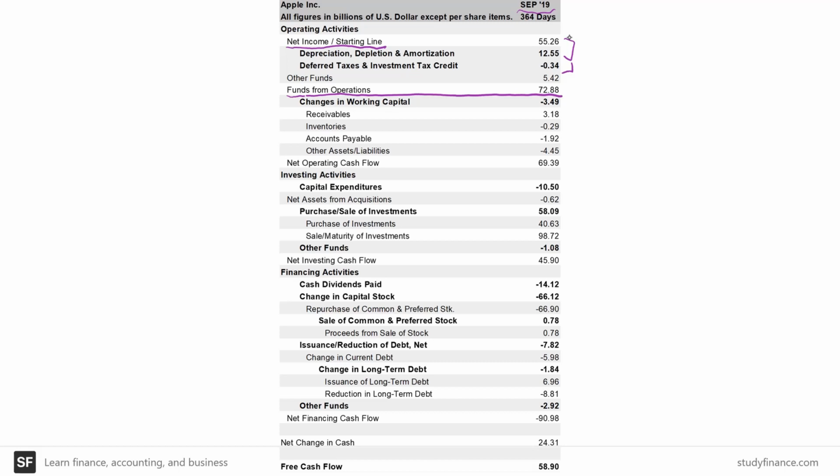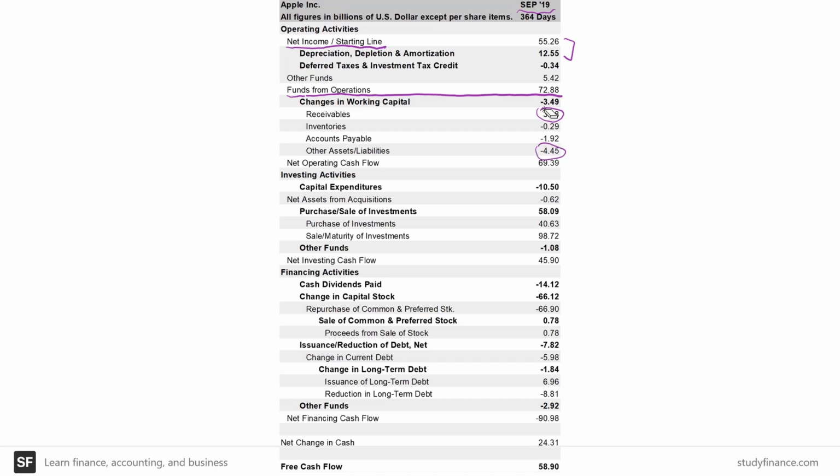Next, we'll assess our change in working capital. We can see that Apple had a decrease in receivables that year, which resulted in a cash inflow of 3.18 billion. An increase in inventories, a decrease in accounts payable, and a net change in other assets and liabilities resulted in a $4.45 billion decrease in cash.